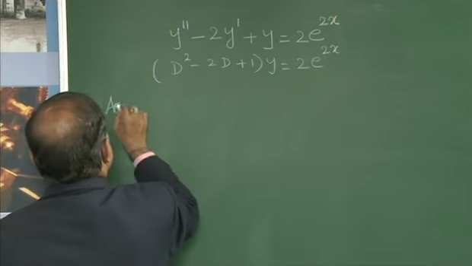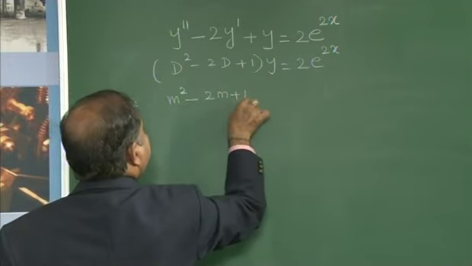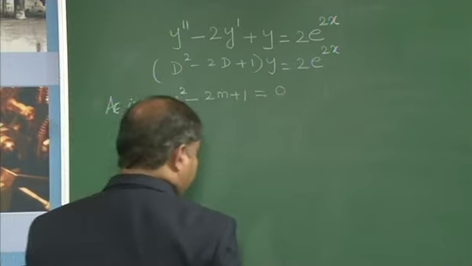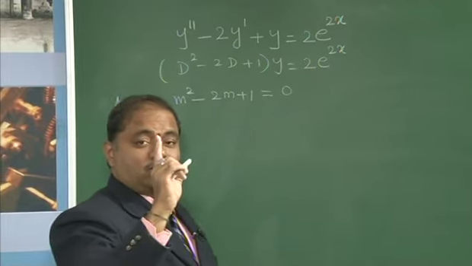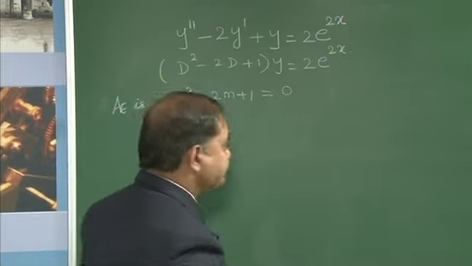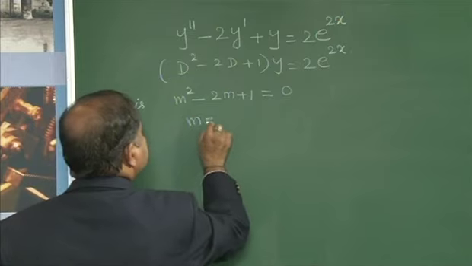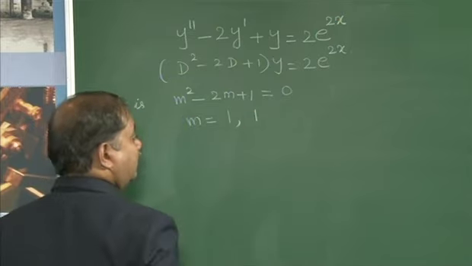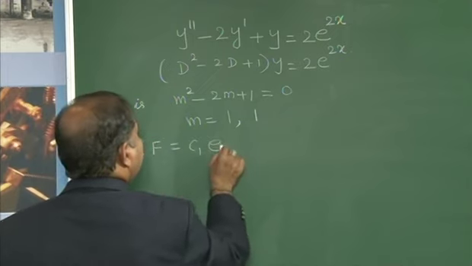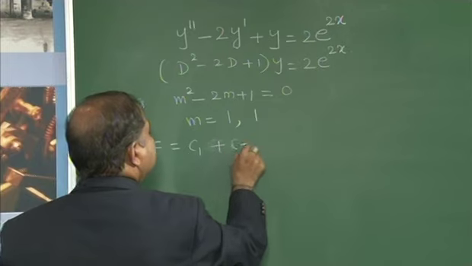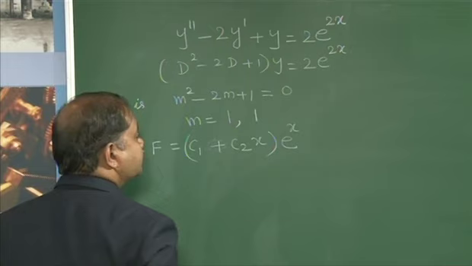What is the auxiliary equation? m² − 2m + 1. I already told you, if you use a calculator it gives equal roots. Be careful, it will show only one root, m = 1. You have to write it twice: 1, 1. Equal roots. What is my CF? (C1 + C2x)e^x.